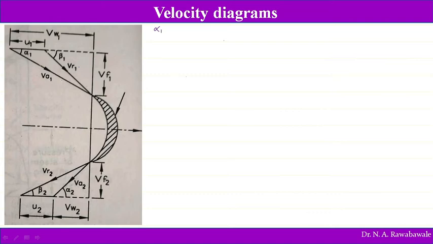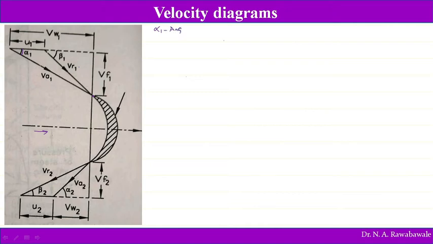This VA1 is the absolute velocity of steam entering this blade or hitting this blade. So VA1 is the absolute velocity, and this makes angle alpha 1 with the horizontal, that is, the angle made by absolute velocity at inlet with the moving plane of the blade. So if this blade moves in this horizontal direction, then this alpha is the angle made by the absolute velocity of steam with the horizontal.